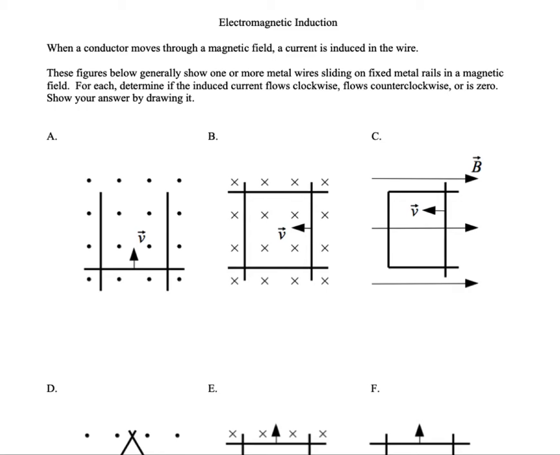What we want to do is use the right-hand rule to determine the direction of forces on the particles in that moving wire. The way it works is you point your pointer finger in the direction of velocity, and then your middle finger has to point out of the page in the direction of the magnetic field.